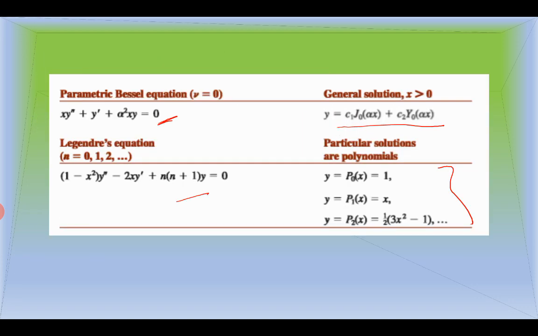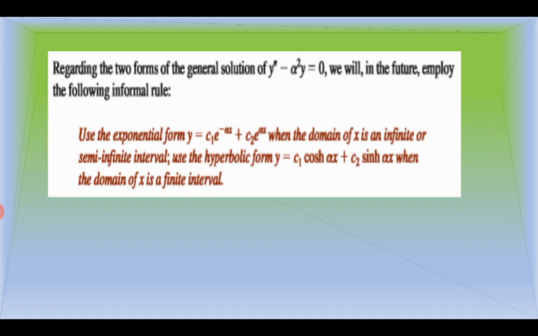Okay, let's start with one more point. To come to the general solution, y double dash minus a square y is equal to 0, we will in the future employ the following informal rule. This form of the solution will be used when the domain of x is an infinite or semi-infinite interval.